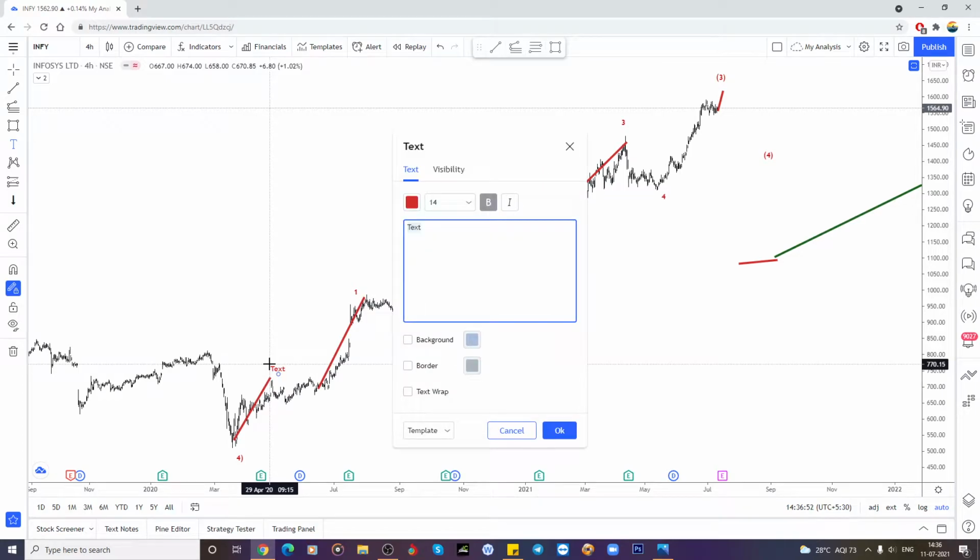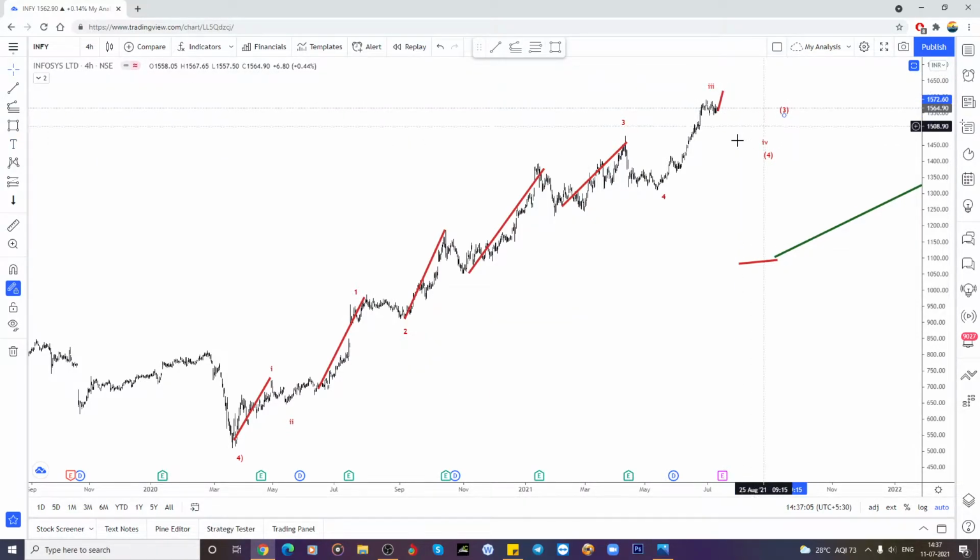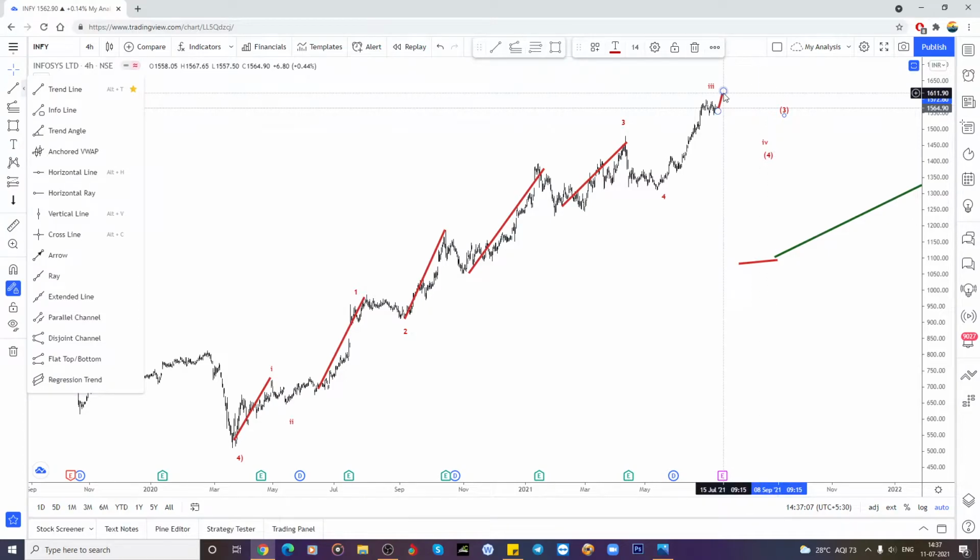Here we can make it as a Roman numeral 1, this is a 2, this is a 3, so after the 4, one more wave to the high is also possible.